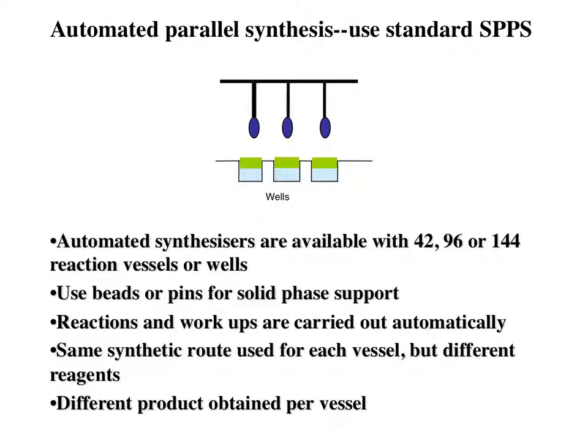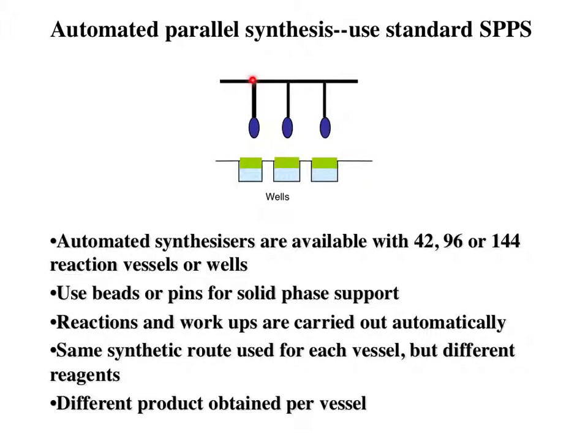Automated synthesizers are available with 42, 96, or 144 reaction vessels or wells, shown here. They use beads or pins for solid support. Here's an example of pins for solid support. Reactions and workups are carried out automatically. The same synthetic route is used for each vessel, but with different reagents, and then a different product is obtained per vessel. So each vessel will have a different chemical product.